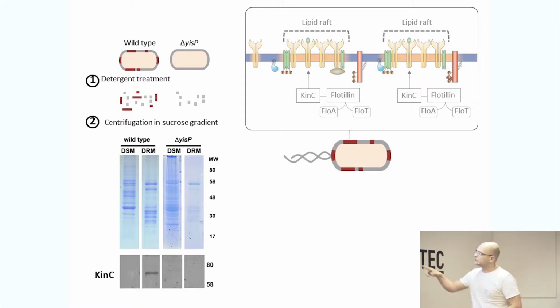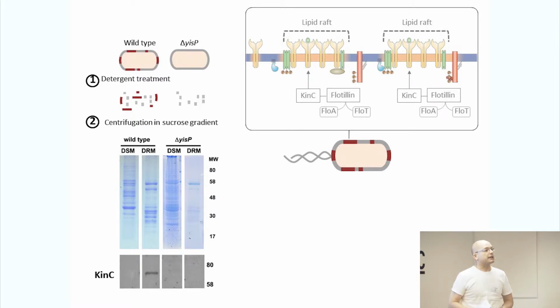So we were finding some similarities, but the best similarity that we found is these two proteins, FloA and FloT. Those are two scaffold proteins. They are called flotillins, which are also found in the eukaryotic lipid rafts. Those scaffolds provide stability to the rafts and also tether interacting partners, so they promote efficient interactions between partners in the rafts.